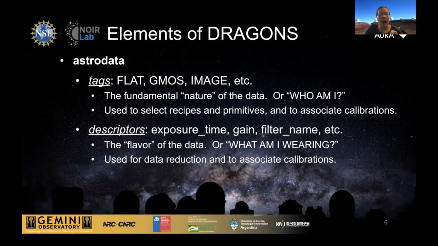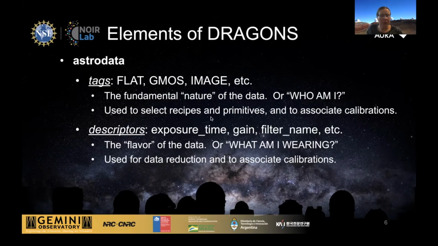So it will know I am a GMOS image flat, for example. Those are 3 different tags. It's a bit like saying, who am I? So that's what the tags represent. And the tags are used to select the recipes, select the primitives automatically, and to associate calibrations.